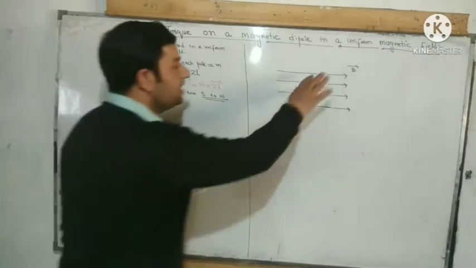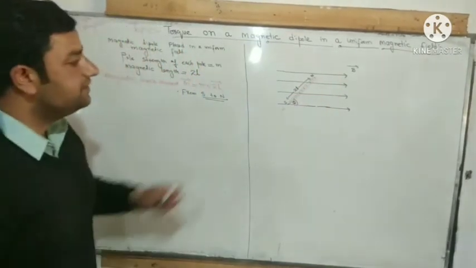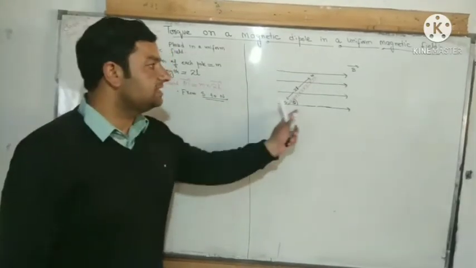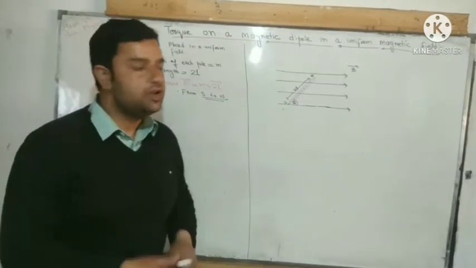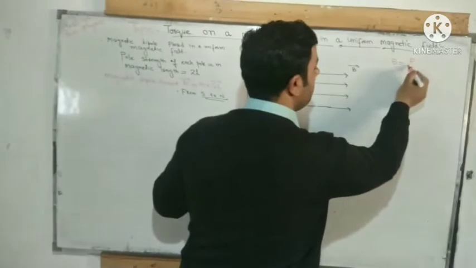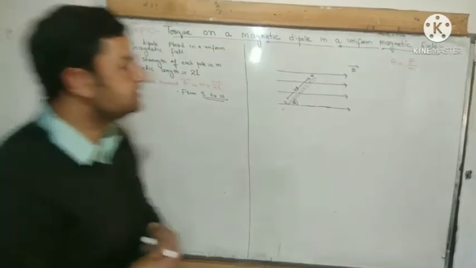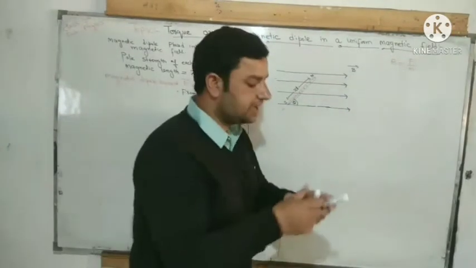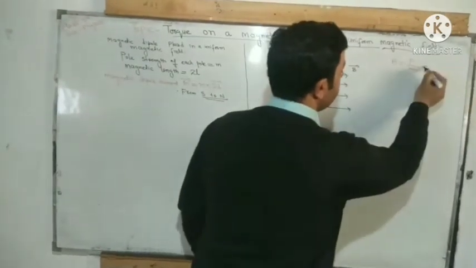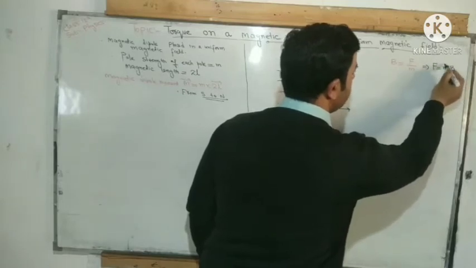Now this north pole as well as this south pole will both experience force in this uniform magnetic field. From the definition of magnetic field, B is equal to F by m, so magnetic field is equal to force per unit pole strength. That means force F is equal to m into B, pole strength into magnetic field.